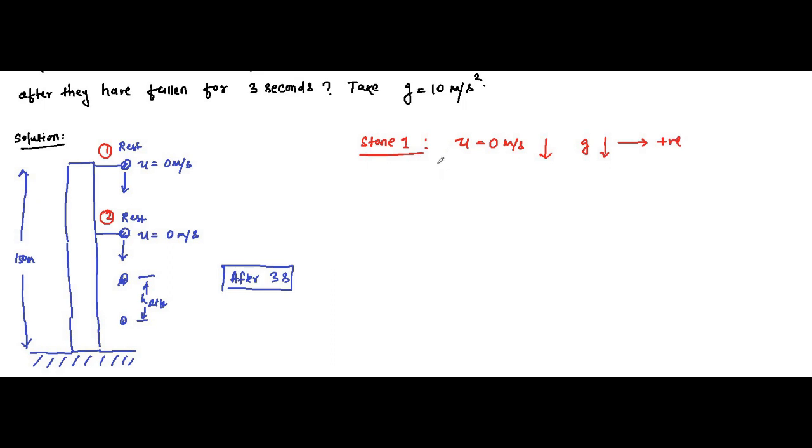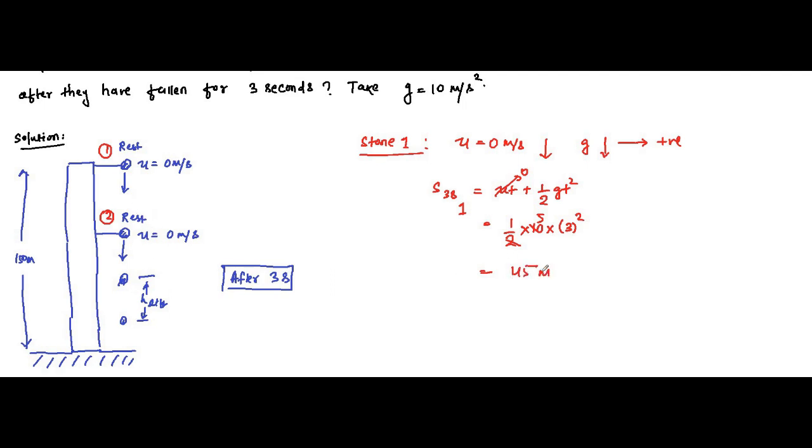So the distance traveled by stone number 1 in 3 seconds is equal to ut plus half g t squared. u is 0, so this will be 0, simply half into 10 into t squared, that is 3 squared. So this is 5 into 9, that is 45 meters.